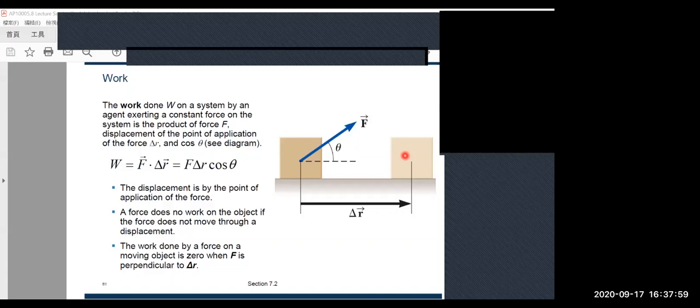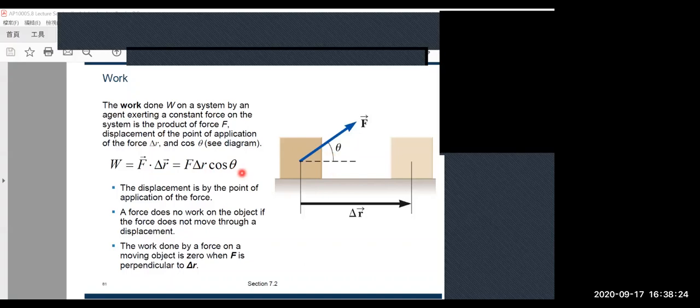On the other hand, in some situations, which you could figure out from the last set of lecture notes, if the force is perpendicular to the displacement all the time, then there would be no work done because the angle between the force and the displacement is 90 degrees. So cosine 90 degrees is equal to 0.